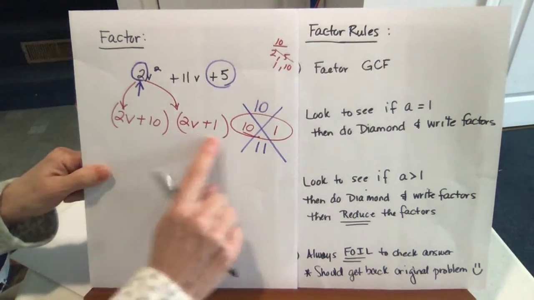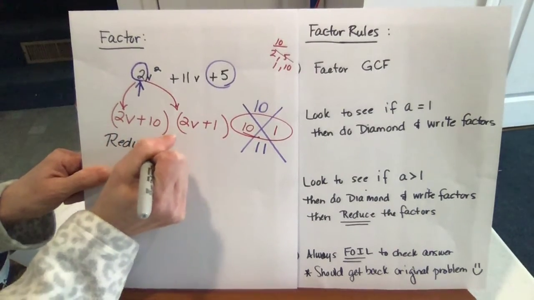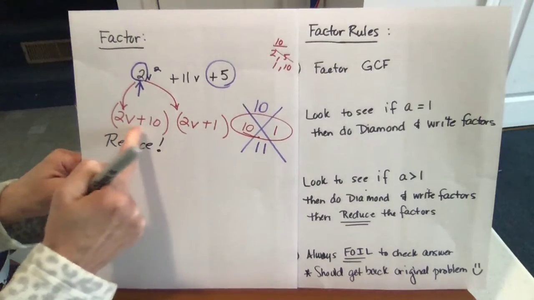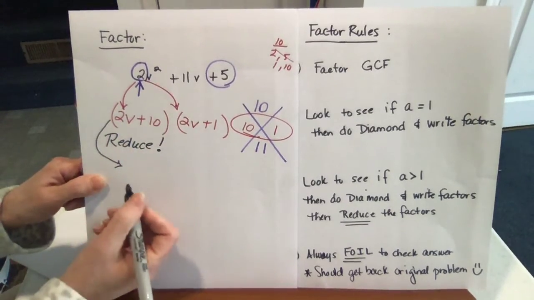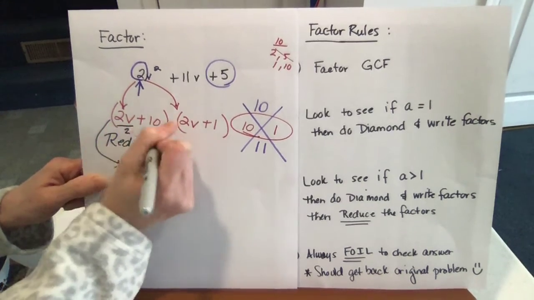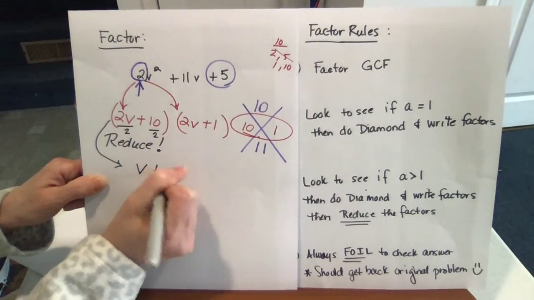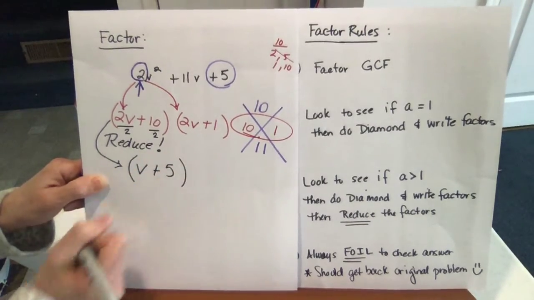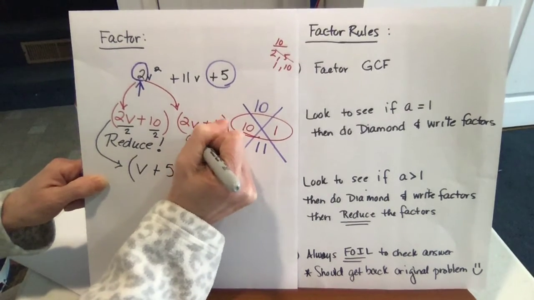So we look at each of the factors and we can see we can reduce 2v plus 10. So this is going to reduce by dividing by 2. Okay, so we're going to divide by 2, divide by 2. And we're going to get v plus 5. 2v plus 1 can't be reduced.